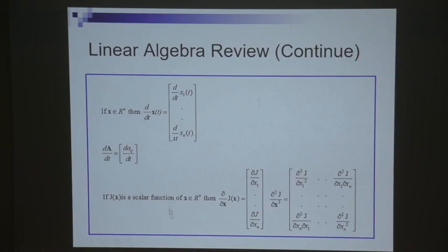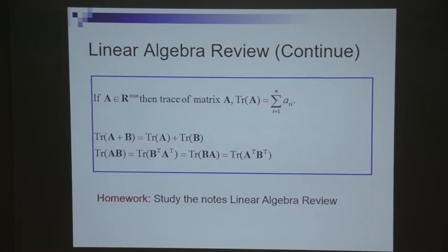If J(x) is a scalar function of x belonging to Rn, then you will have delta J over delta x1, through delta J over delta xn. So delta square J over delta x square will be equal to this. Please look at the notes.